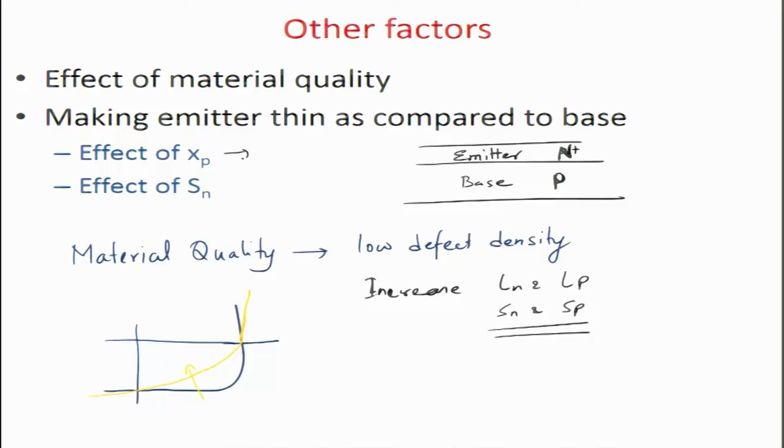So this is the effect of basically XP and Sn, because you will have electrons coming on this side. So you are going to look at the electron surface recombination velocity and the electron diffusion lengths within the P side. These are important factors as far as silicon semiconductor devices are concerned. So silicon solar cells have these practices, which are about making the emitter thin and the base thicker.